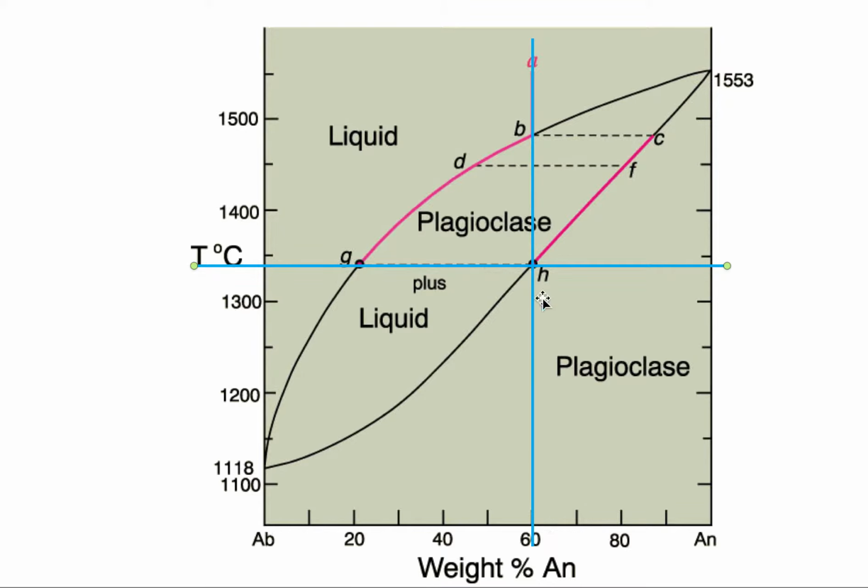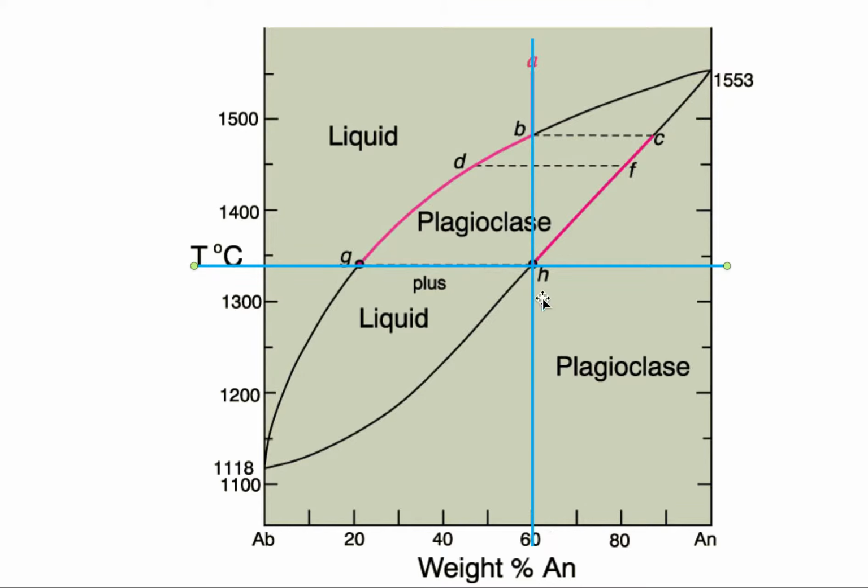To get from H to B in terms of the bulk composition, the liquid's going to follow this pink curve here from G to D to B, and then the solids will go from H to F to C. So how will that work? Well, if we pull some sodium-rich liquid material out of this bulk composition H, that leaves the solid residue a little bit richer in anorthite because some sodium has been removed.